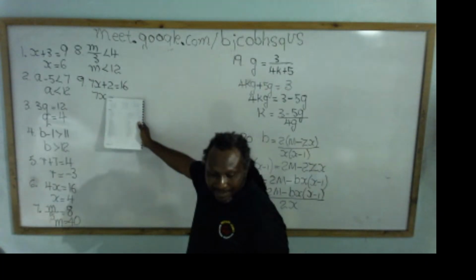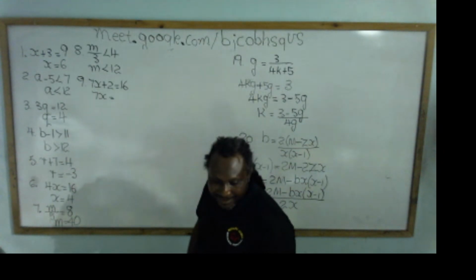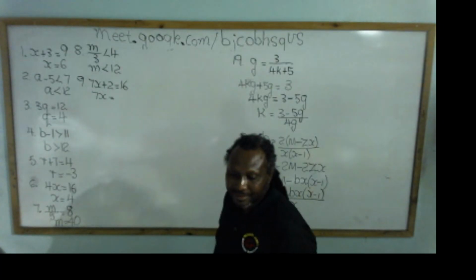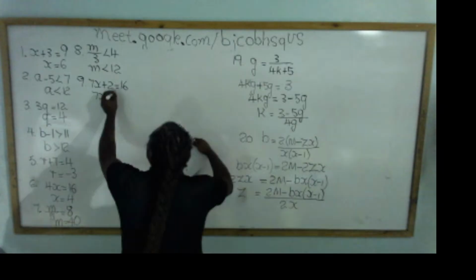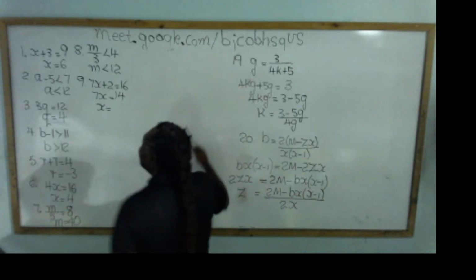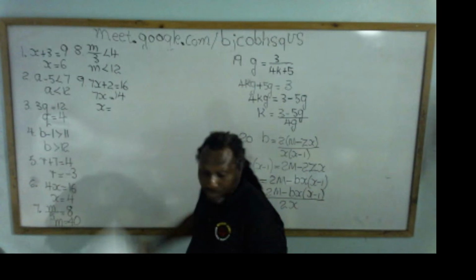We'll eliminate it by subtraction. So we'll have what? 7x is equal to 16 minus 2, and that is equal to, since no answer is forthcoming, 14.